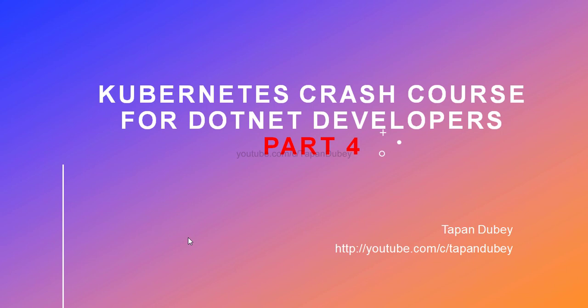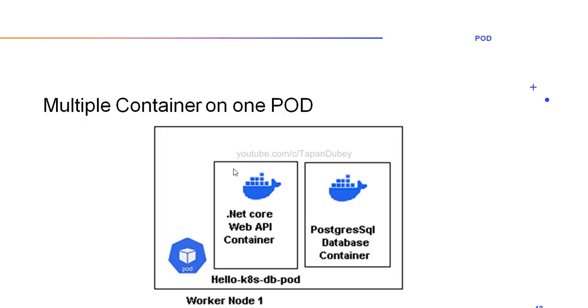And today we are going to discuss multi-container on one pod. So what we are going to do today is create one .NET Core Web API application, which we already used in our previous video for Docker Compose.